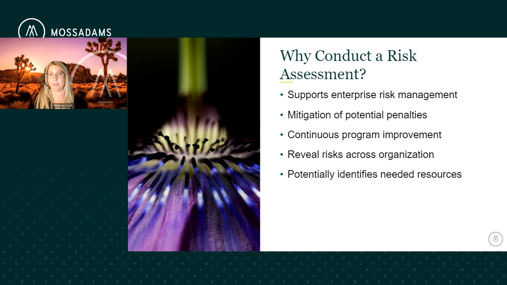I think one of the biggest ones is this fourth bullet point around revealing risks across the organization. Oftentimes, there are different departments or groups, such as risk, quality, or the compliance department, and they are all looking at risks that fall within their purview and how they're addressing those risks. However, a full entity-wide risk assessment will look at this from a holistic standpoint, because oftentimes risk doesn't just sit in one area.